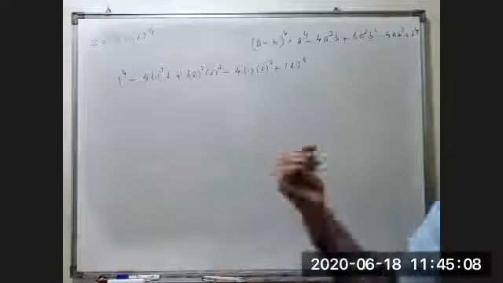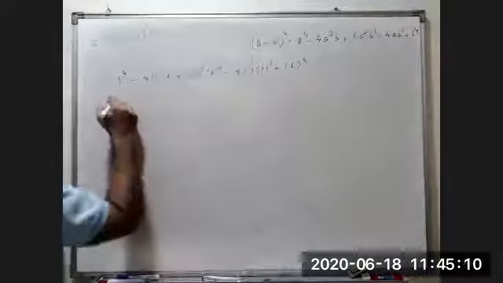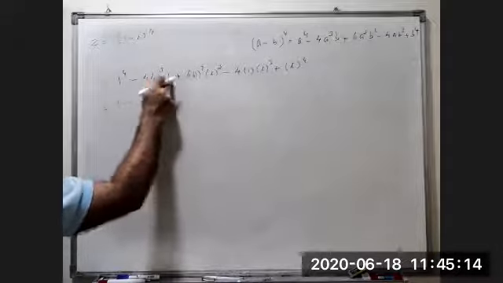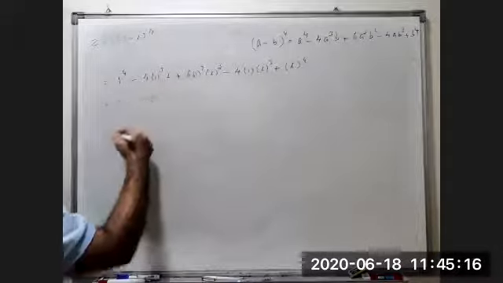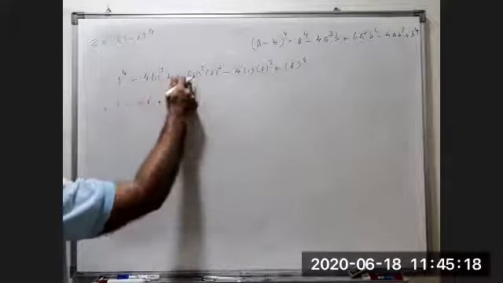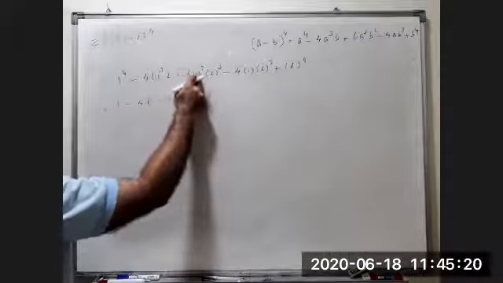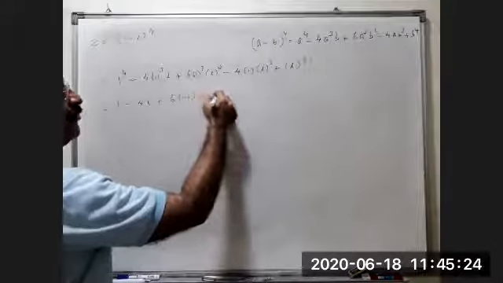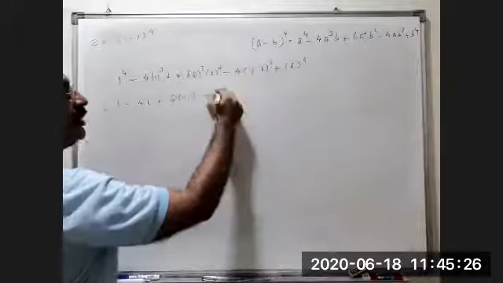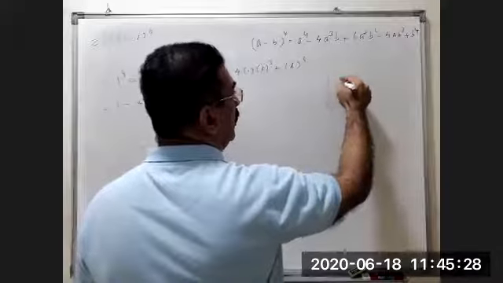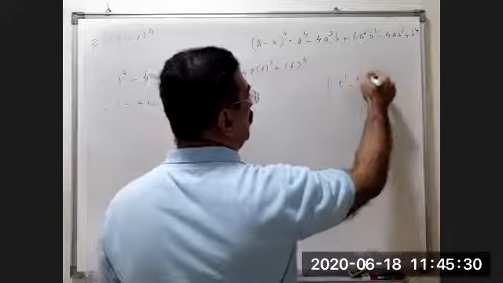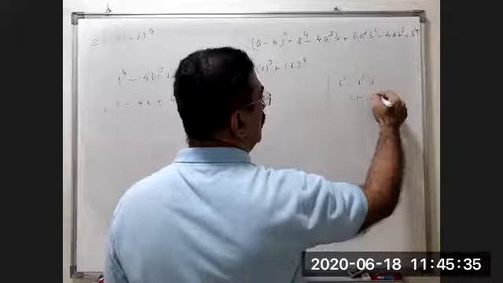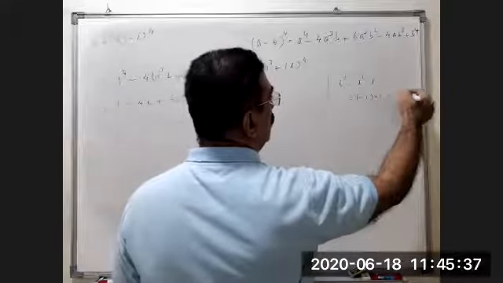But this is better. 1 raised to 4 is 1, minus 4, 1 cube is 1, i is i, plus 6, 1 square is 1, i square is minus 1, minus 4, 1, i cube: i cube is i square into i, minus 1 into i, which is minus i.